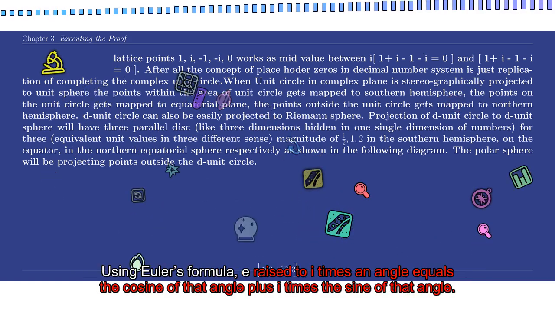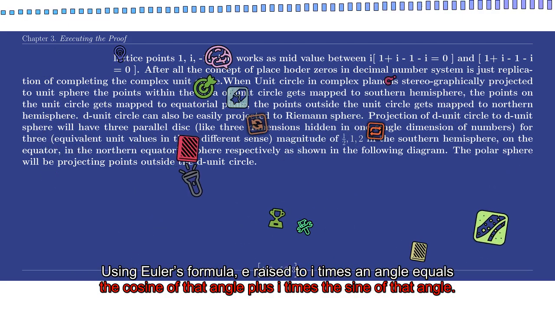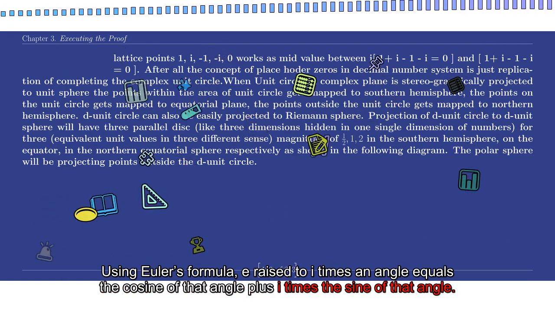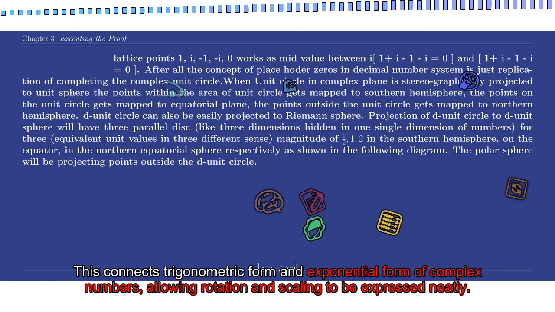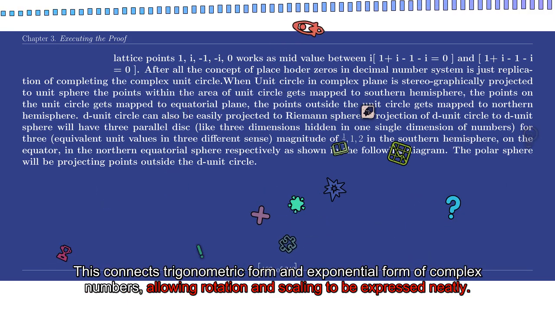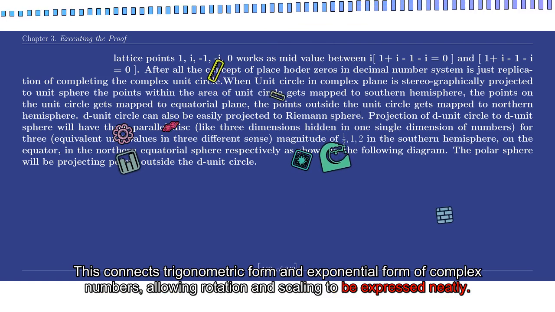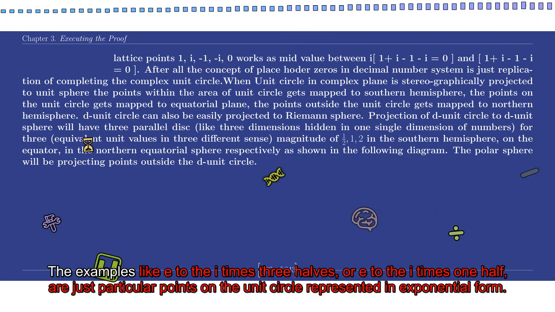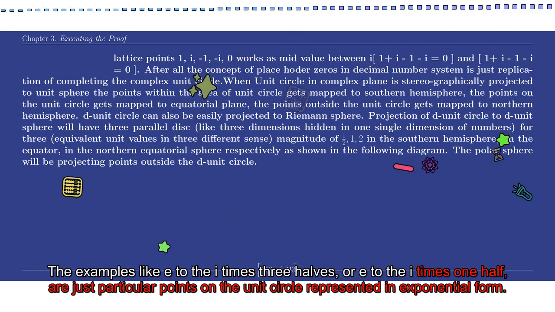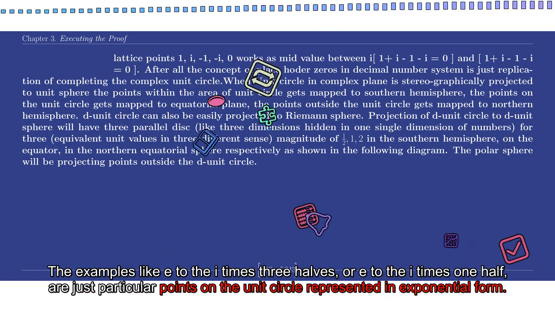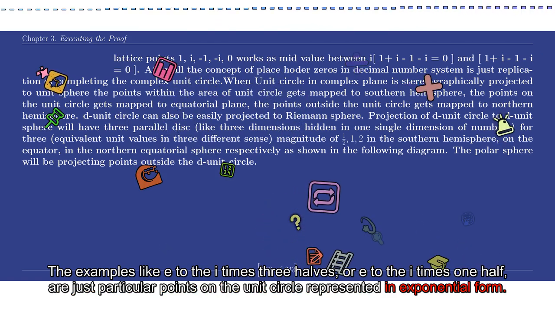Using Euler's formula, e raised to I times an angle equals the cosine of that angle plus I times the sine of that angle. This connects trigonometric form and exponential form of complex numbers, allowing rotation and scaling to be expressed neatly. The examples like e to the I times 3 halves or e to the I times 1/2 are just particular points on the unit circle represented in exponential form.